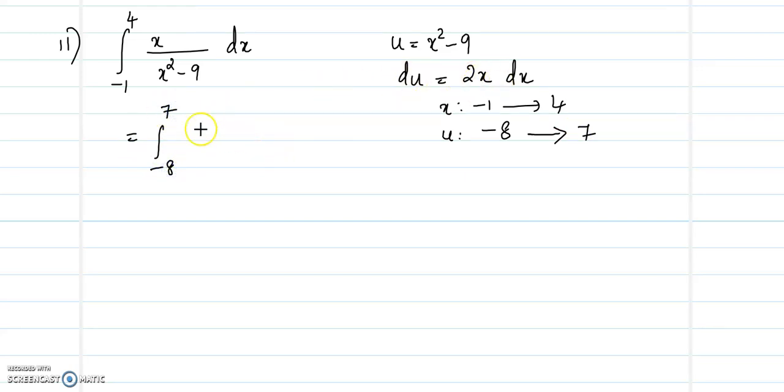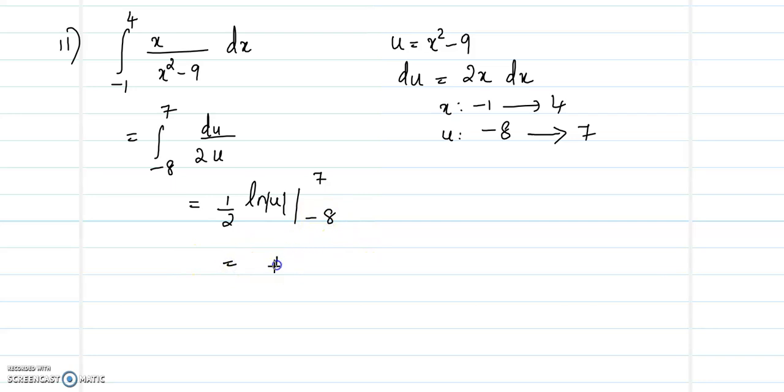So x dx will be du by 2, then x square minus 9 is u, so we'll get 1 by 2, and the integral of 1 by u will be log u from minus 8 to 7. Since the integral of 1 by u is actually log mod u, we need to put mod u here since we have a negative value appearing.